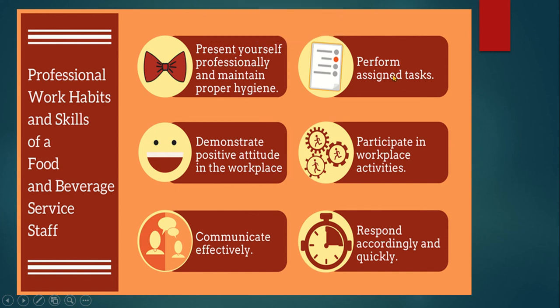Perform assigned tasks. Okay? So, in performing assigned tasks, all you need to do for you to perform your assigned task properly is attend a daily orientation to know the specialty for the day, promotions, available and out of stock items, and time of preparation for each item.